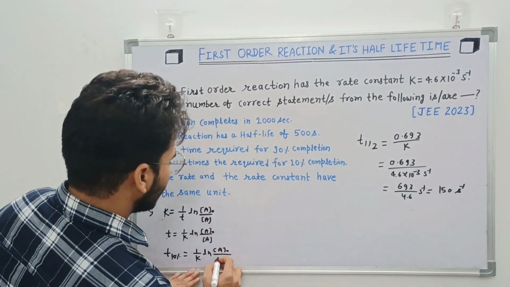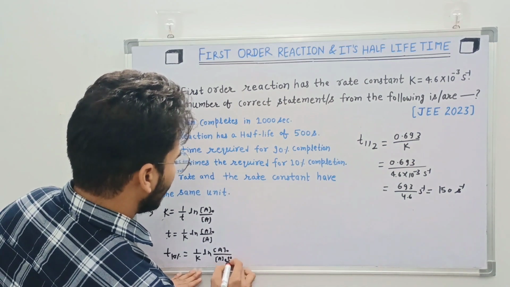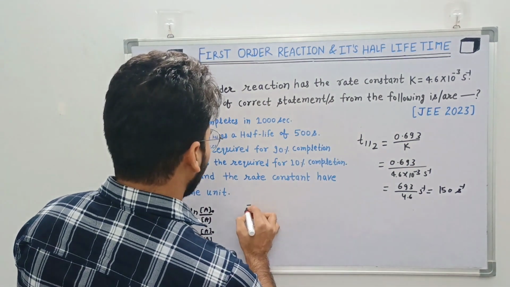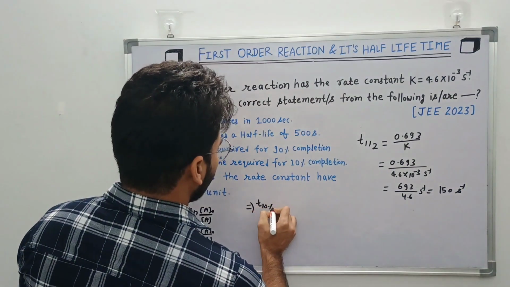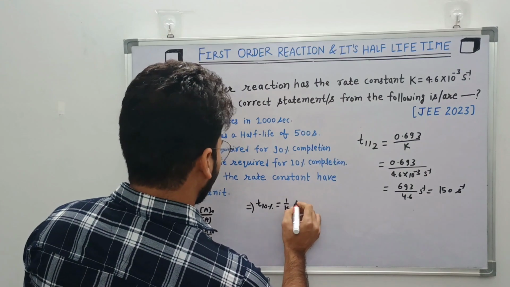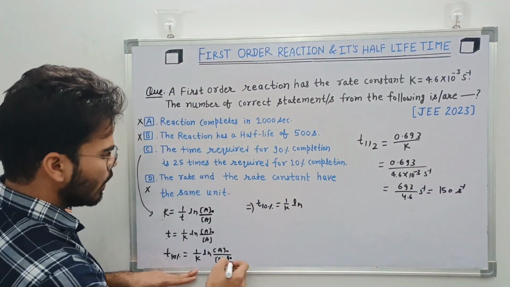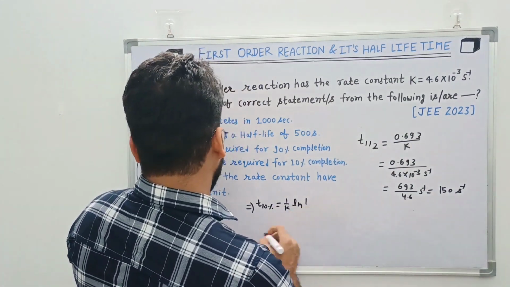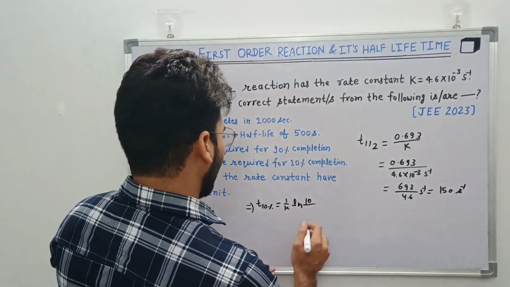So our final concentration will be 90% of the initial concentration. So T 10% is equal to 1 upon K ln, this A0 will be cancelled by this A0, and we get 1 upon K ln 10 by 9.